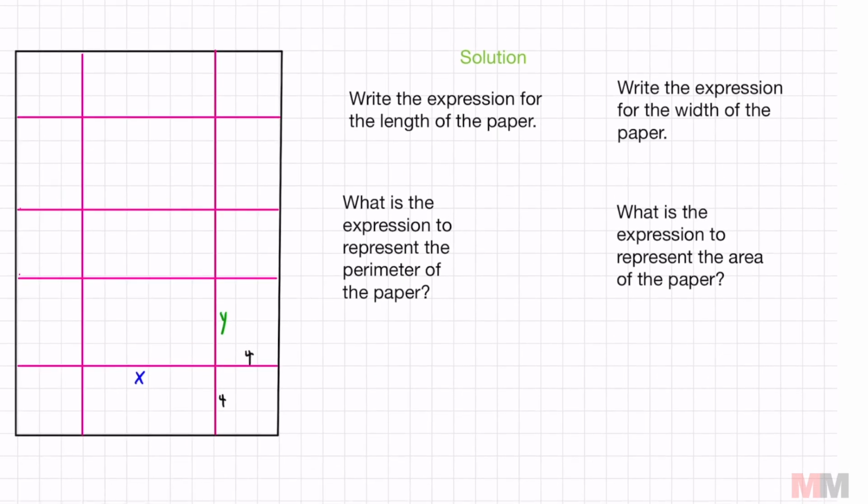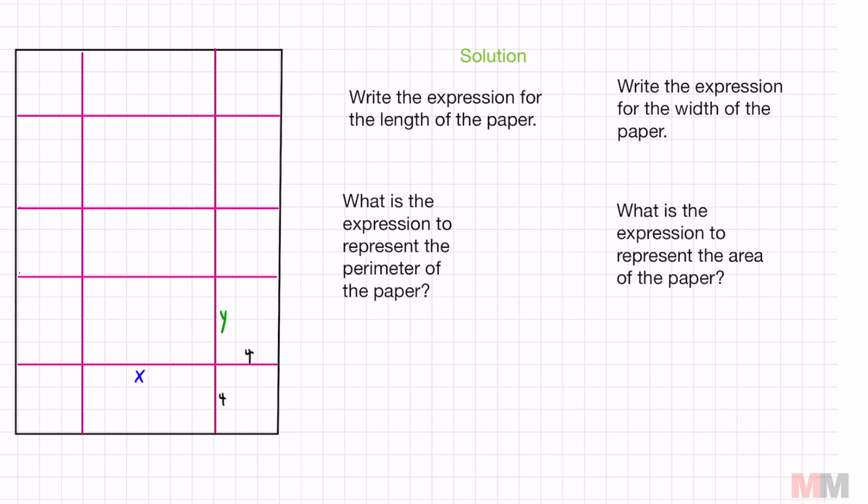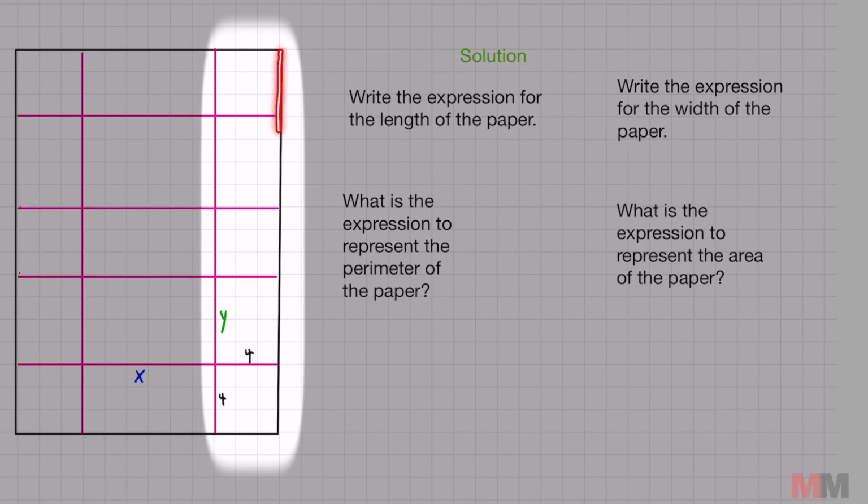Let's go over the solution, and to set this problem up, we're going to start with finding the expression for the length of the paper. If you look at the length of the paper, the only real numbers we have are these 4s right here. And since it's a square, we know that all the little line segments like this are 4 centimeters long. So we're going to write 4 on all of those.